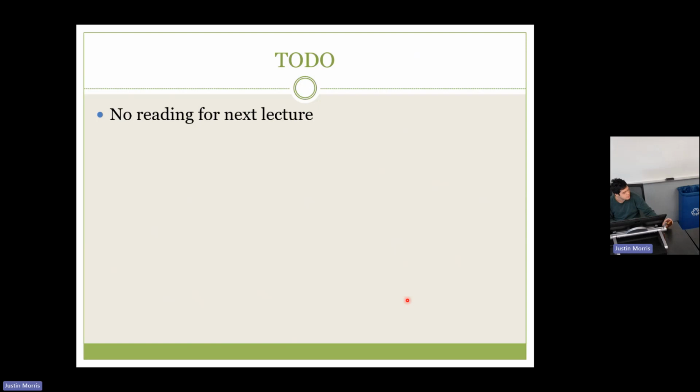Right. So we have no reading for next time. We have one last lecture of new content. It's not really new content, but you should be able to do the content that we're going to talk about on Monday without needing my guidance. But that is our last lecture.